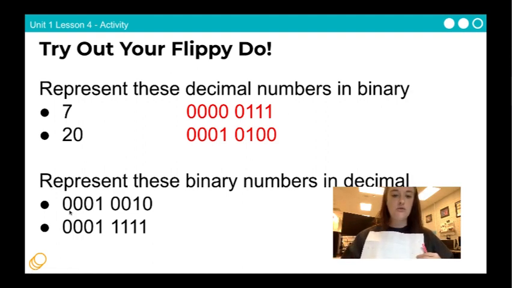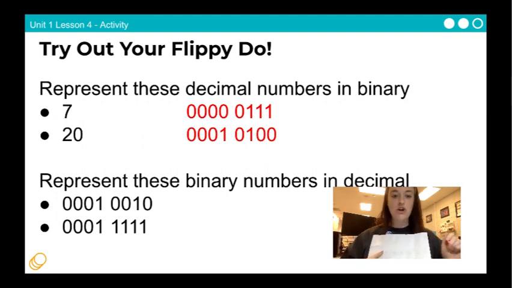So I like to keep with the start on the left part, okay? So I'm going to start with this number, which is 2 to the 0 power. And that's a 0. The next one, the 2 to the first power should be a 1. And then a 0, 0, and then a 1. So that's 16, 17, 18. So the first binary number is actually the decimal number 18.